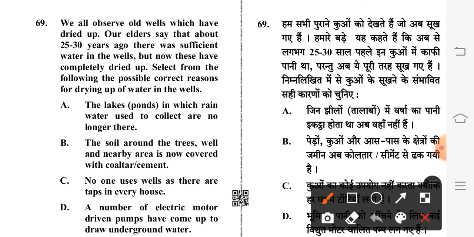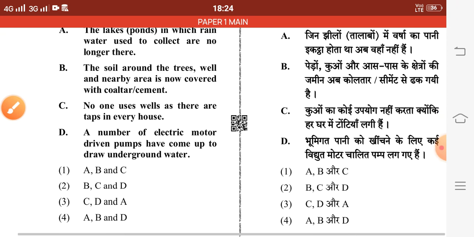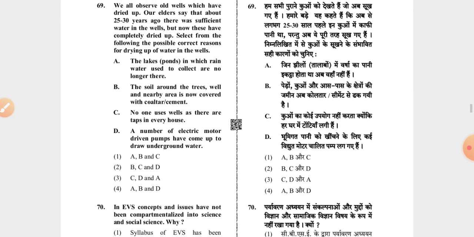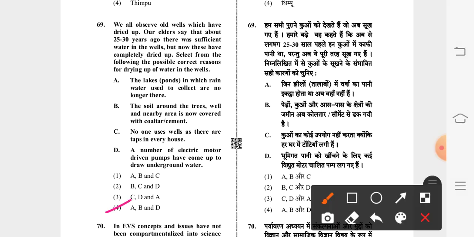Select from the following the possible correct reasons for drying up of water in the wells. These are the options. Which one is correct? Fourth option is correct. That means A, B, D are correct.